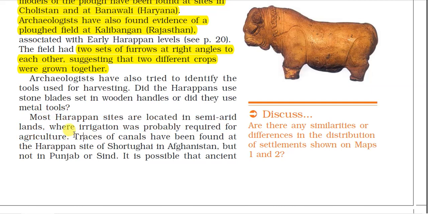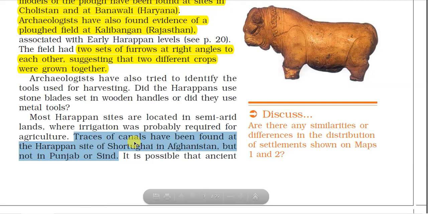Point number two, traces of canals have been found in Harappan sites in Shortugai in Afghanistan, but not in Punjab and Sindh. So we have traces of canals. What are canals used for? Canals are used for drawing water from the main river. So they had constructed canals, which drew water from the main river to the agricultural fields. And which areas are particularly known for canal building? Shortugai in Afghanistan.